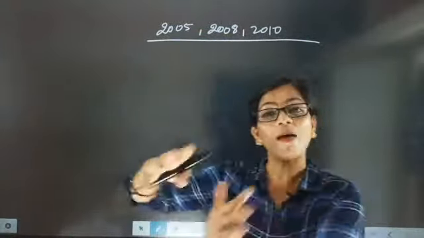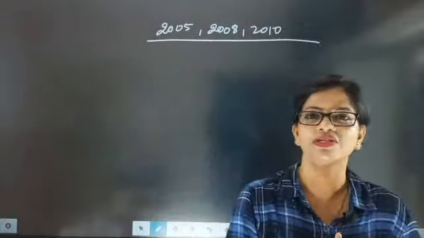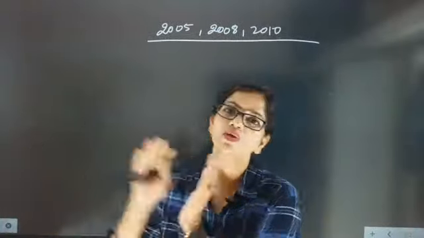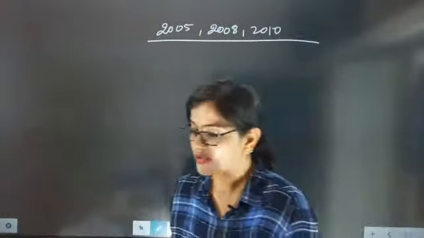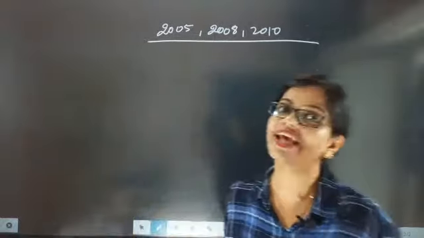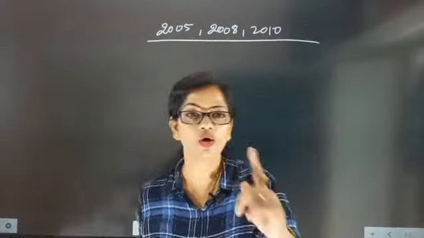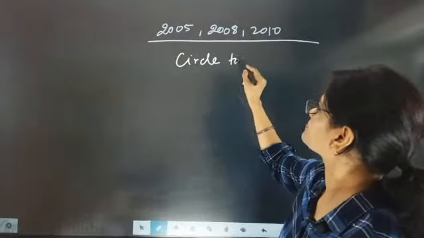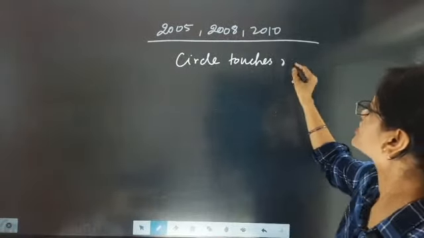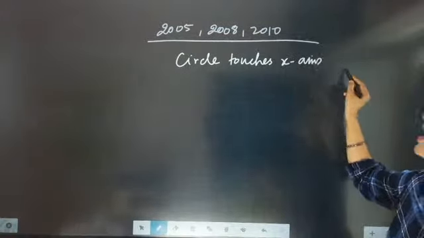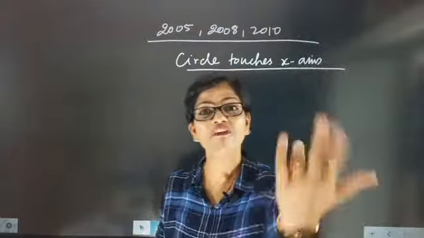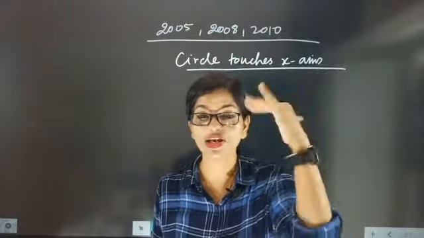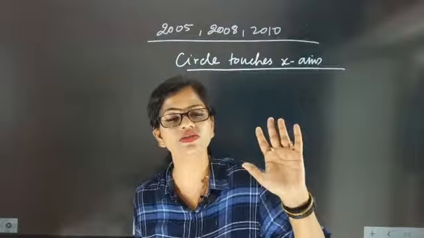Here we are going to represent a family of circles where the circle touches the x-axis at the origin. A family of circles means many circles will be there.